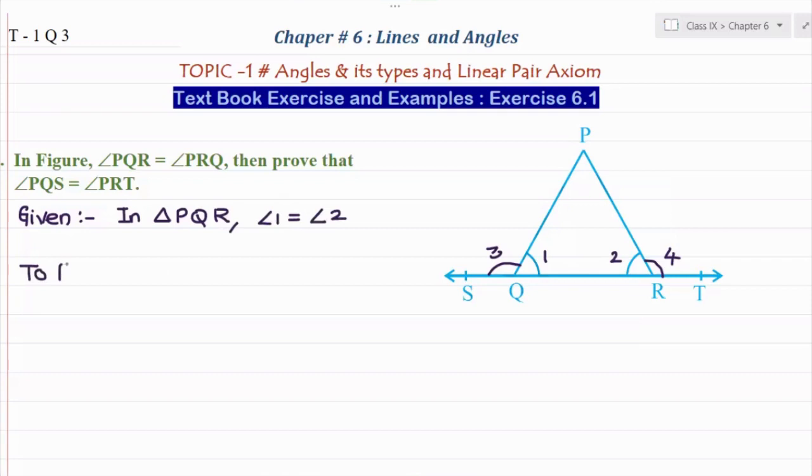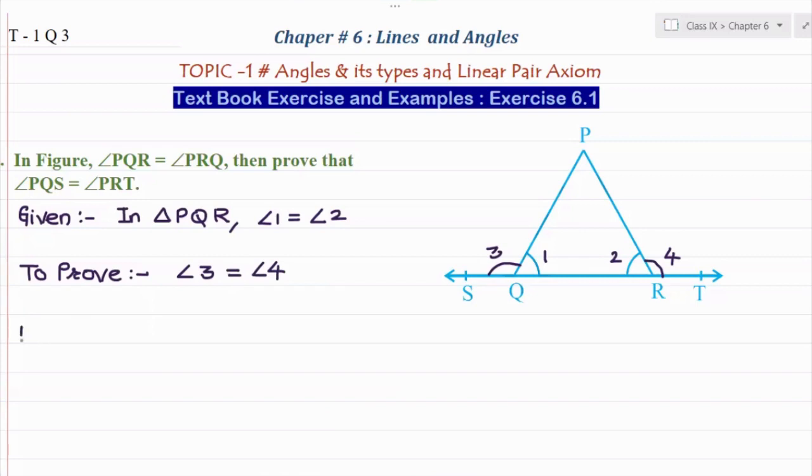Now in the question, what do we need to find out? We need to find out angle PQS, which is my angle number 3, and angle PRT, that is angle number 4. These two angles I need to prove equal. Angle 3 equal to angle 4. Okay, let us start the proof now.